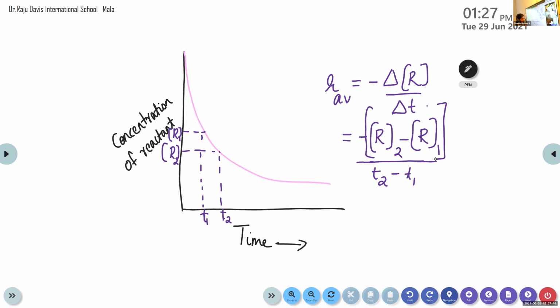That's about average rate. Okay, then in the case of instantaneous rate, it's another method. In this curve, we simply draw a tangent line. How to draw a tangent line? In this curve, we simply draw a straight line just touching the curve. This is not a freehand line, you draw it using a scale. A tangent just touching this curve.